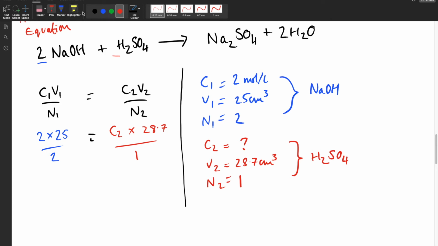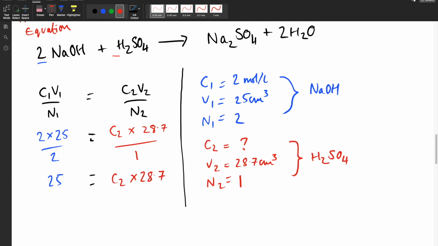So let's go through that and figure that out a little bit more. So 2 times 25 is obviously 50, divided by 2 is still then 25. So that would end up being 25. And C2 times 28.7 divided by 1 is still just C2 times 28.7.